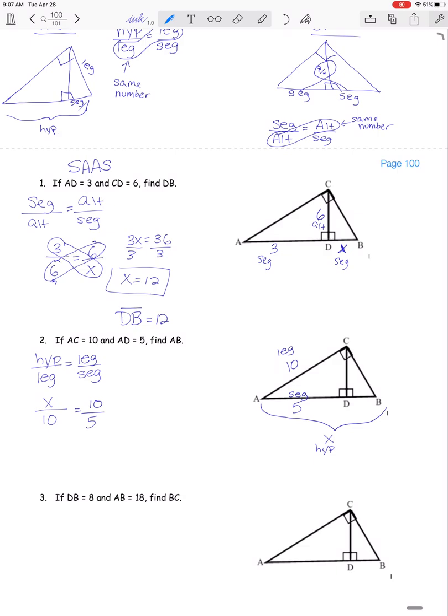Now, I just want to point out that sometimes they're going to give you two segments to confuse you. Or they might give you the hypotenuse and one segment, and you have to find the other segment. Keep in mind that the leg that you're using and the segment that you're using have to be in the same triangle. So if you notice here, my leg and my segment are in the same triangle.